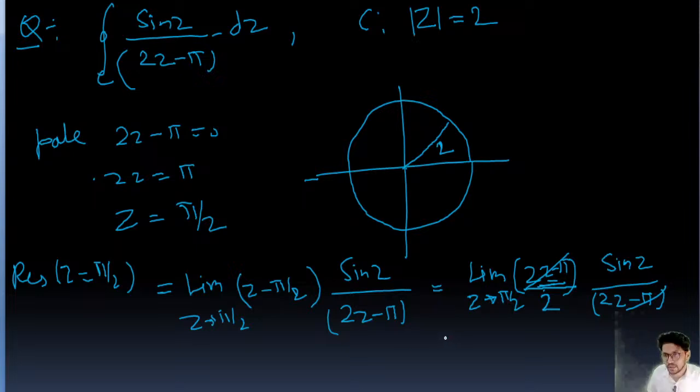So this is going to be 1 upon 2, then sin z, which is sin pi by 2, putting the value of z as pi by 2. Sin pi by 2 is 1, so this is 1 by 2.